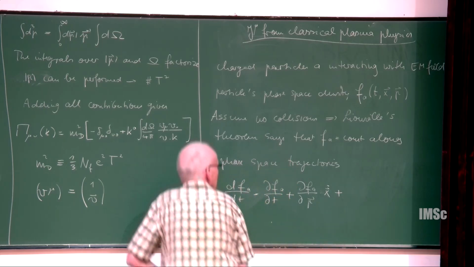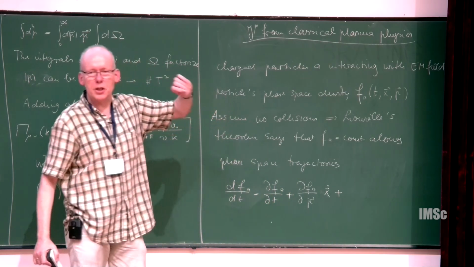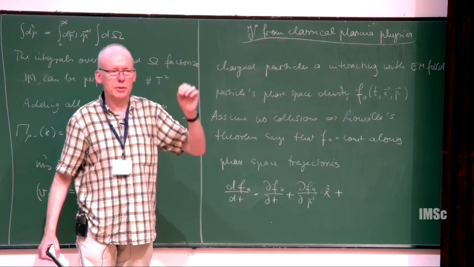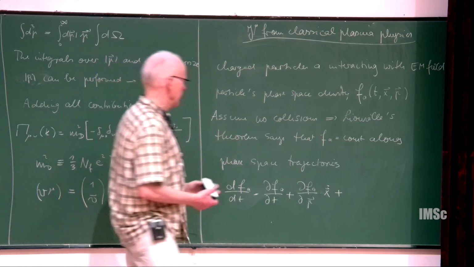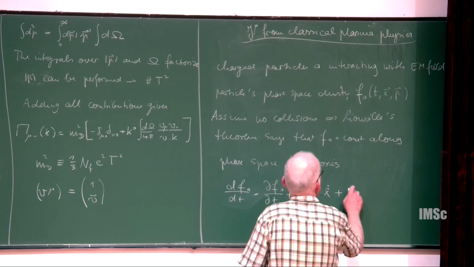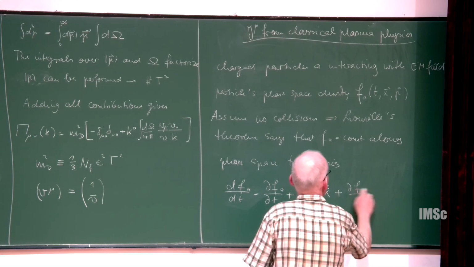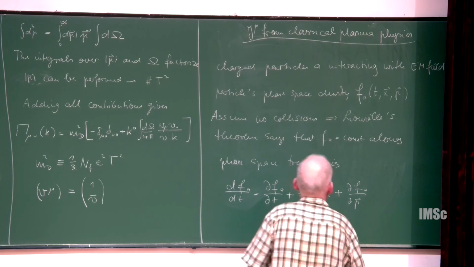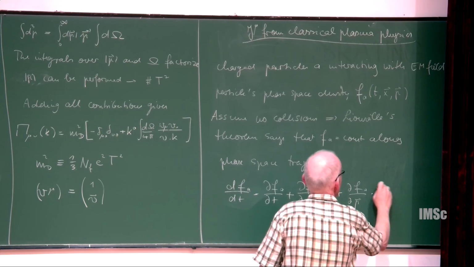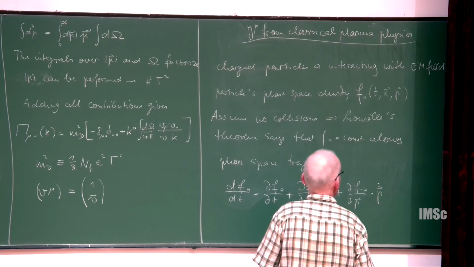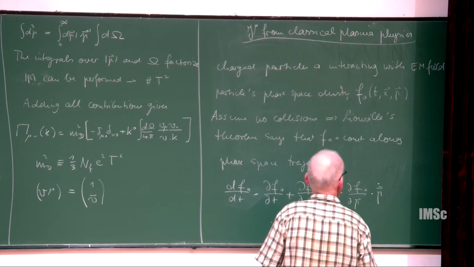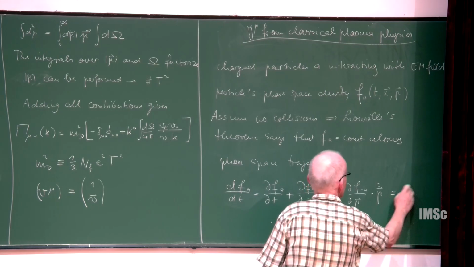And also it changes because the momenta can change, because we have this electromagnetic field, so there's a force. So we get a term, the derivative of F_a with respect to p times p dot. And the sum of all these is 0.